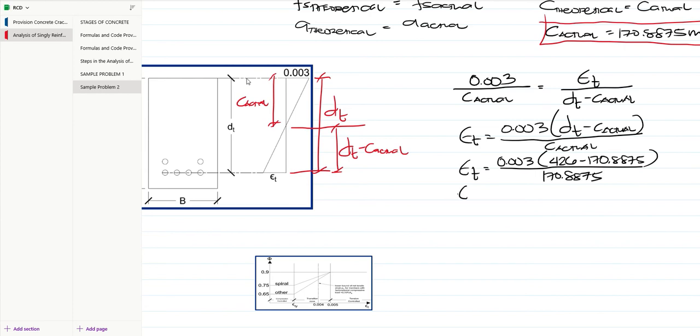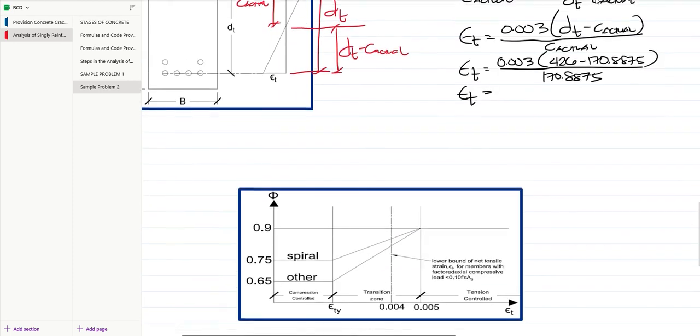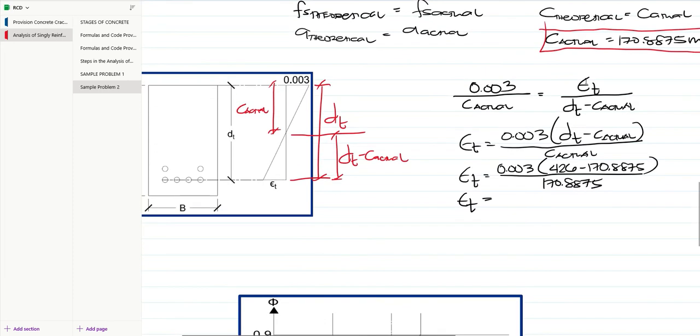So our epsilon sub t now will be equivalent to a value of 0.004479. So this is, as you can see, lesser than our 0.005, and kunin natin yung epsilon ty.